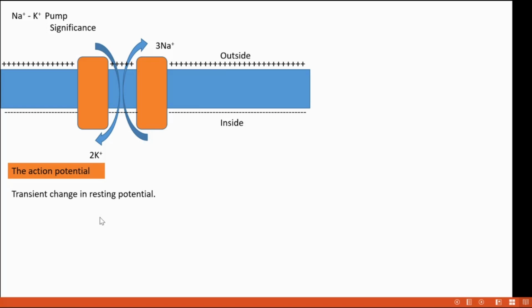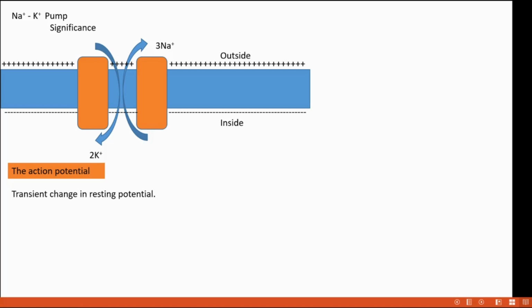Action potential is a transient change in resting potential. Transient means what? Not a permanent change. It's a temporary change to initiate some response, to stimulate a nerve.